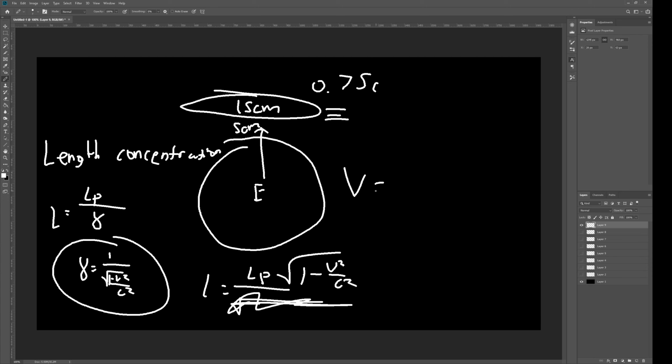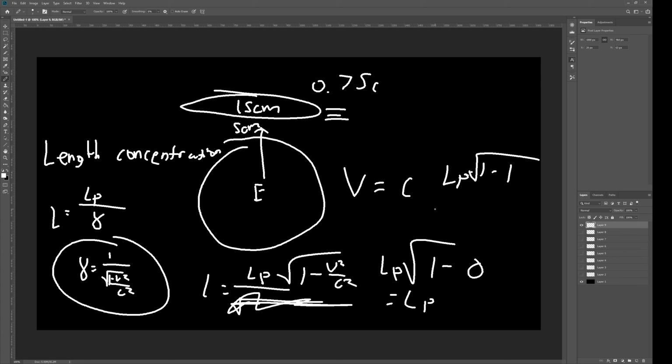If v is very small again, then we have L_P times the square root of 1 minus 0, which is just equal to L_P. If v is equal to c, then we have 1 minus 1, and L is equal to 0.